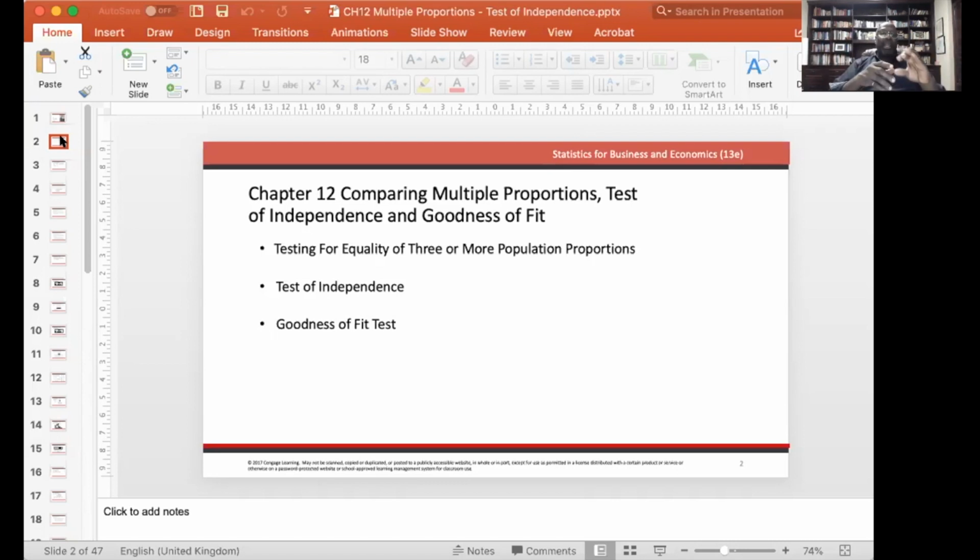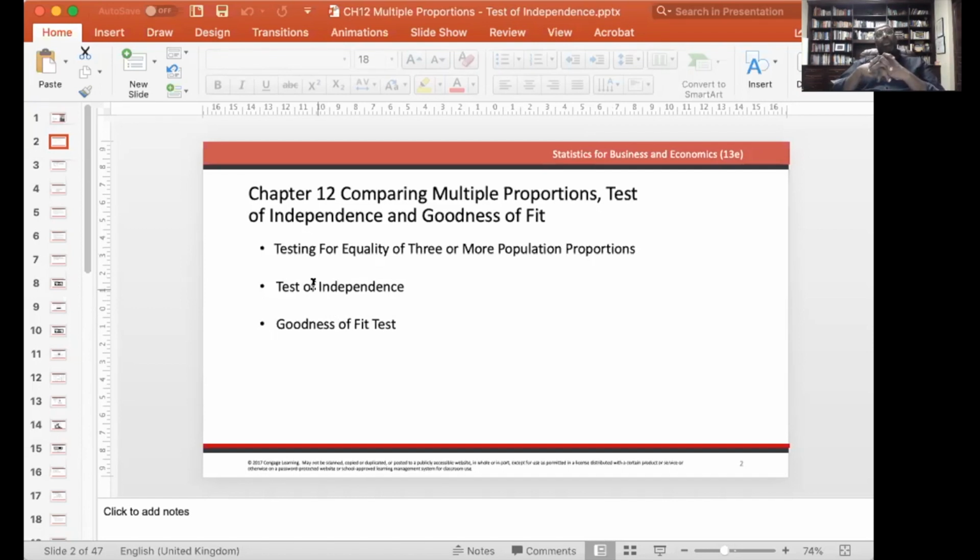And just from the sample that I give you there, 30% does not look like 40%, does not look like 60%. So we have to find a way to actually test whether or not that is the case. So that's the test for equality of proportions for three or more populations.